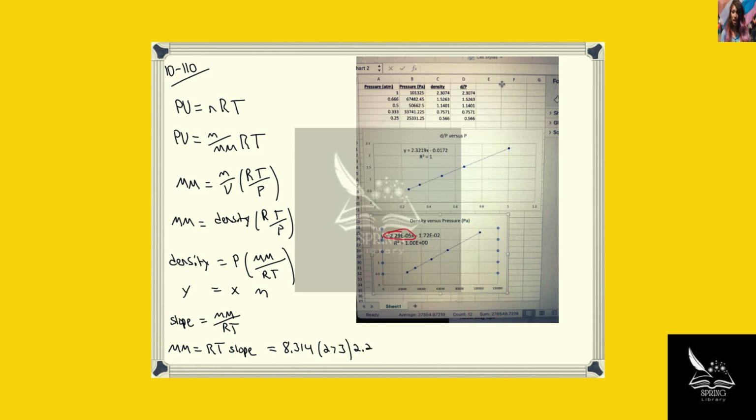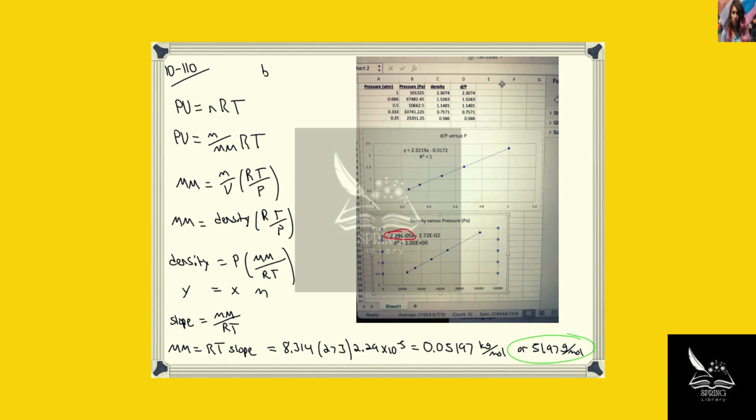We were told this was 0 degrees Celsius, so 273 Kelvin. Multiply that by my slope, 2.29 times 10 to the negative 5, and I get 0.05197 kilograms per mole, or multiply that by 1,000 and I'll get 51.97 grams per mole. So this is part A.